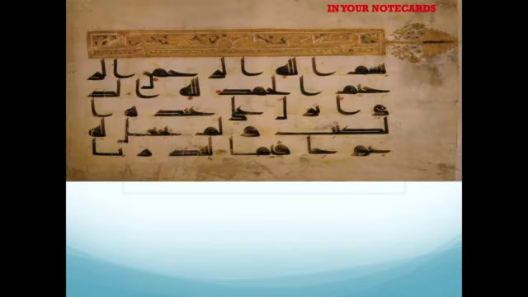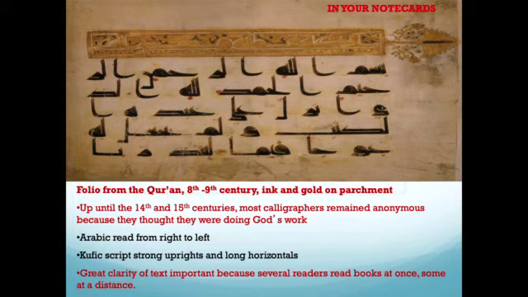Now, this is an image that is in your note card set. This is a folio from the Quran, and it is one of the oldest recorded pages of any Quran. So don't forget, that is Islamic calligraphy. It's Arabic. And up into the 14th and 15th centuries, most calligraphers remained anonymous because they thought that they were doing God's work.